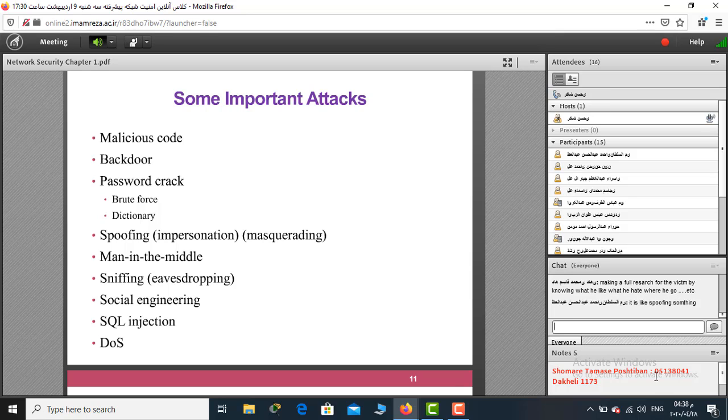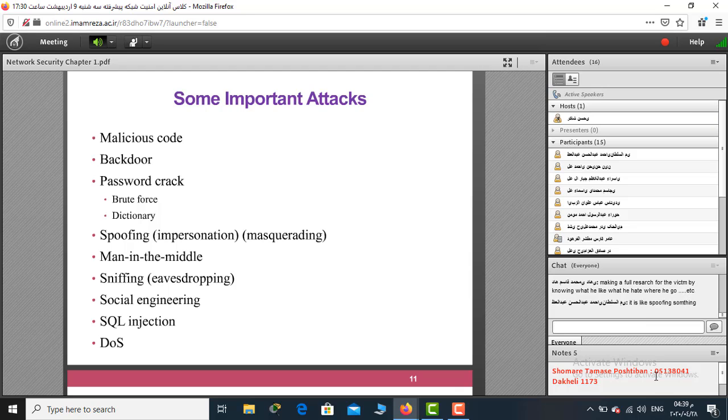Or in a social network, for example Facebook or other social networks, the attacker may make a friendship connection with the victim, obtain his trust and get some information from him.